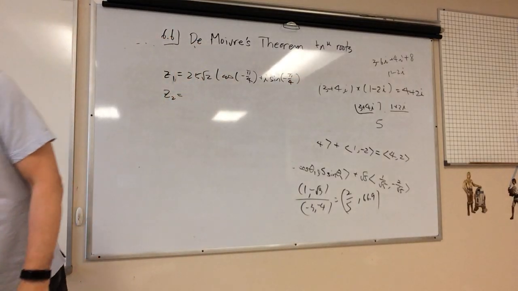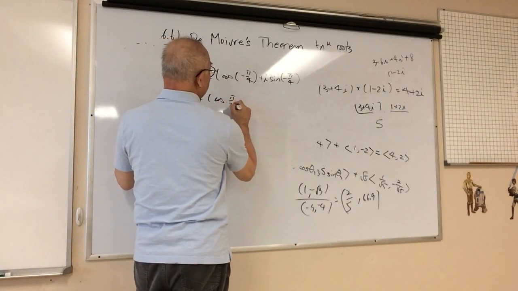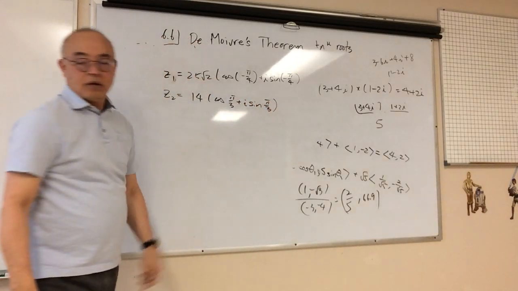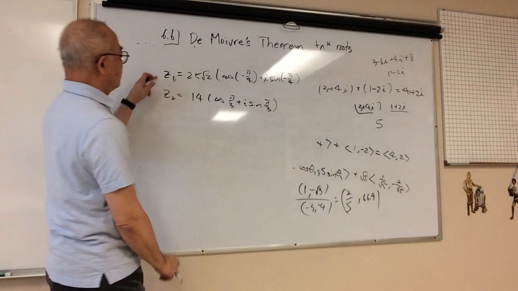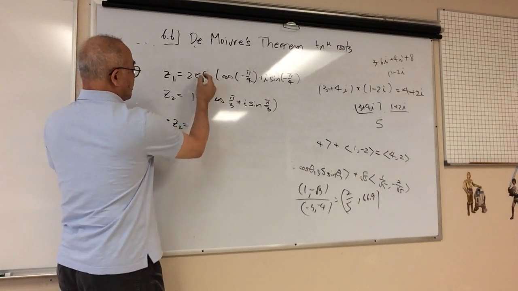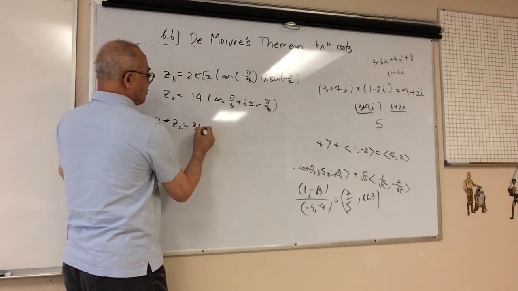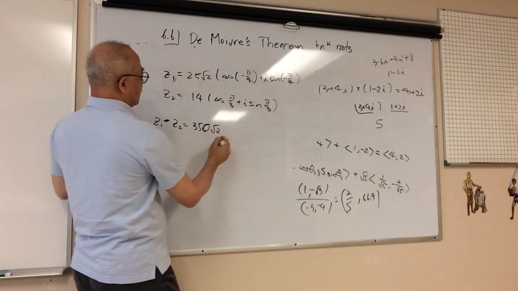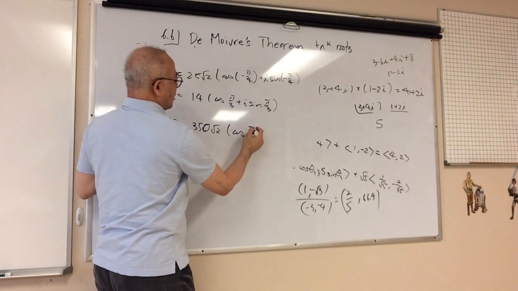Z2 is equal to 14 cosine pi over 3, i sine pi over 3. And it asks me to find what, Z1 times Z2. So Z1 times Z2 is nothing more than this times this, which is 350 root 2, and cosine, I add these two together, what do I get?